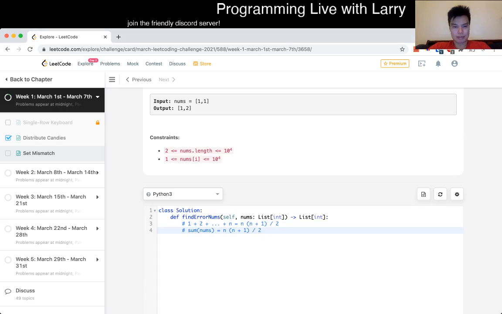So it's going to be this minus the removed number plus an added number, right? And then the question is whether this is sufficient to figure it out. I don't think that we can, because we have two variables and one equation.